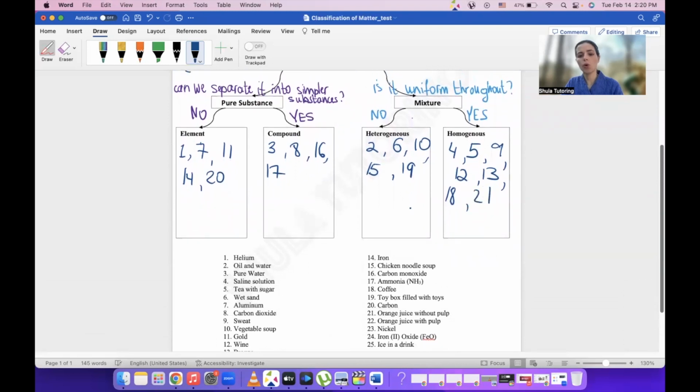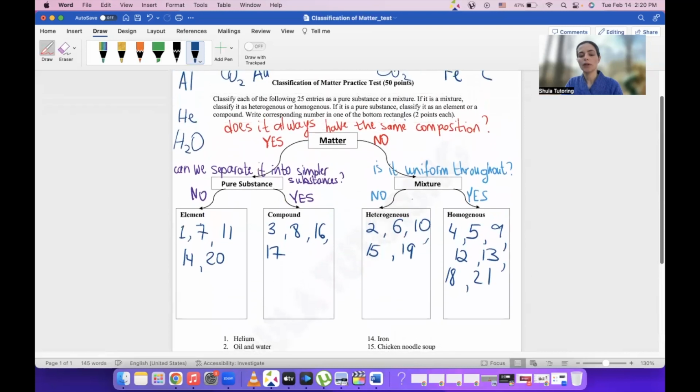Now 22, orange juice with pulp. So here's where we see that really interesting difference between heterogeneous and homogeneous mixture. First of all, just like we established for the previous one, orange juice is a mixture. Now, what happens when we add pulp there? Well, pulp tends to settle on the bottom.